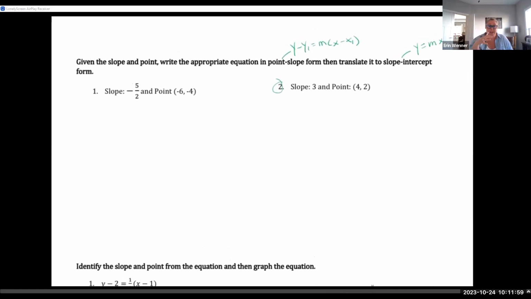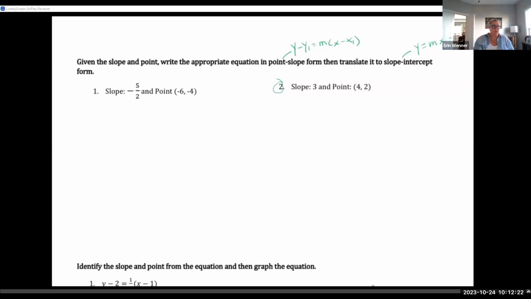One, the y value is isolated, the other one is not. So when we're moving from point slope to slope intercept, we're going to distribute that slope through that m in order to clear those parentheses. And then we're going to add the y1 value to the right side in order to isolate y, okay?